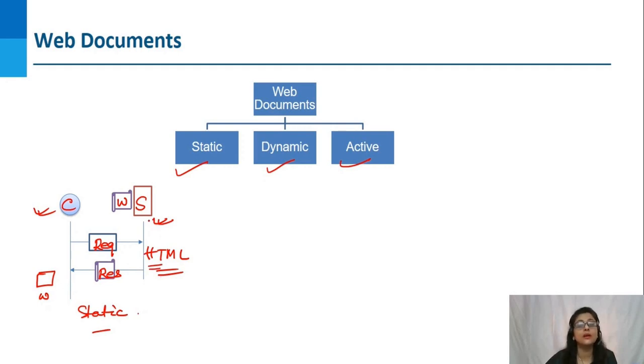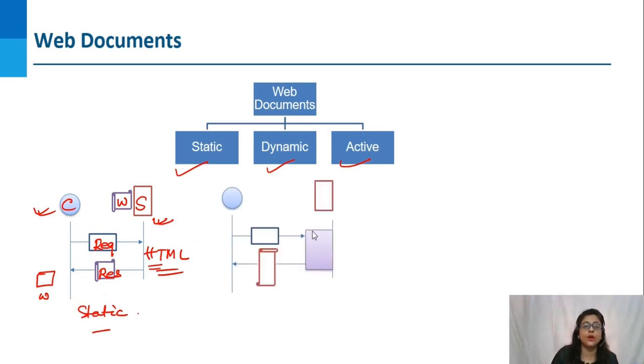It is only the server who can make a change in the HTML document, and then when the client requests the same document the next time, if there is a change, the server can give the modified web document back to the client. So that is why it is known as a static web document.